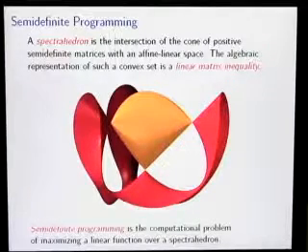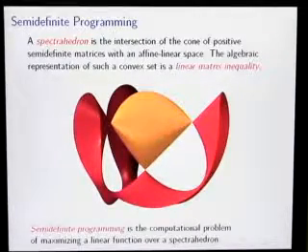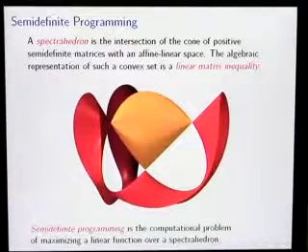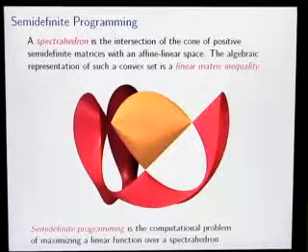If you look at the set of positive semi-definite n by n matrices, this is a full-dimensional cone in the n plus 1 choose 2 dimensional space of matrices, and it's a convex cone. Now this convex cone is not a polyhedral cone. If you look at it from far away, it looks like a nice smooth ice cream cone.